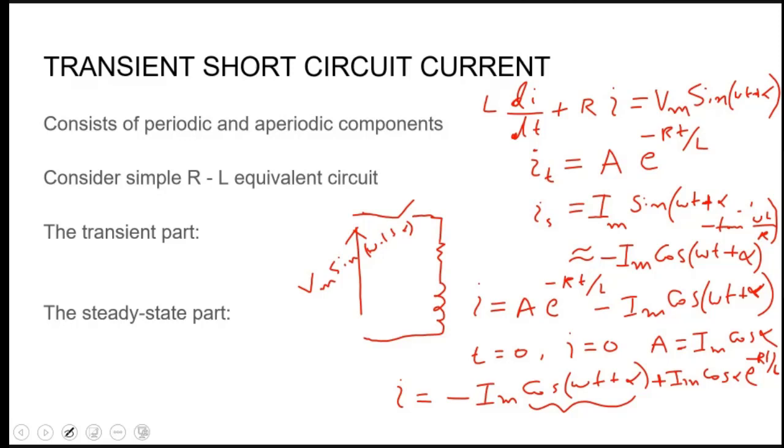If omega t plus alpha is equal to pi, then the cosine will become minus 1. So minus 1 into minus Im, in that case you get the maximum current.